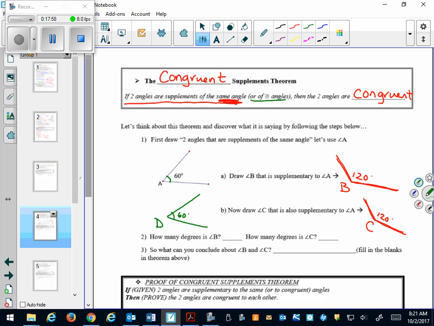Angle A and D are congruent. They're both 60. And if I said draw angle B supplementary to A, you would make it 120. And then what if I said draw angle C supplementary to D? It would still be 120, right? So if two angles are supplements of the same angle or of two angles that are congruent to each other, then the two new angles are congruent.